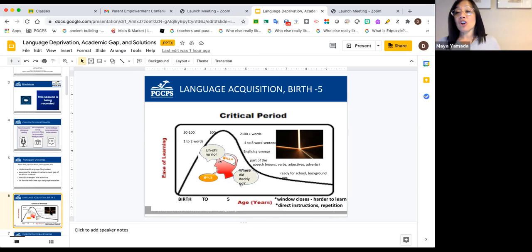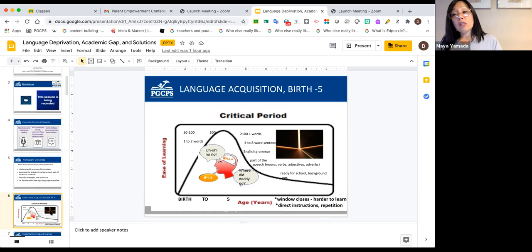By the time they start school, they have a very good, strong English language foundation and understand how words connect to make sentences and meaning. And by that time, they have that background and they're able to participate and engage in all of their classes, which is a variety of classes like science, social studies, PE, language arts, and math.